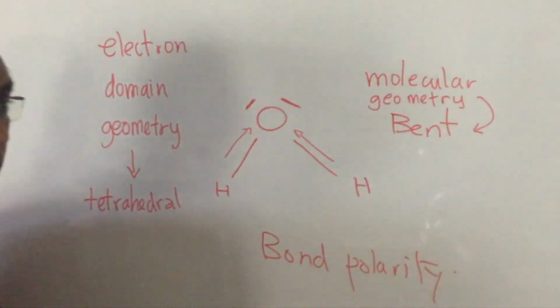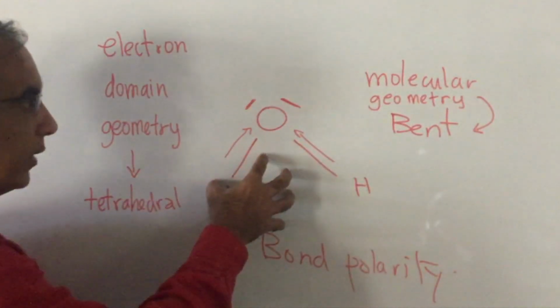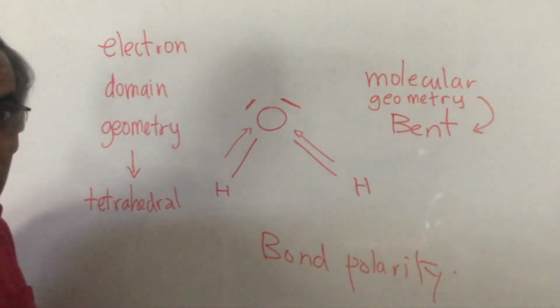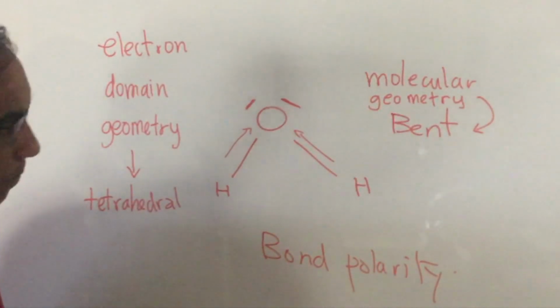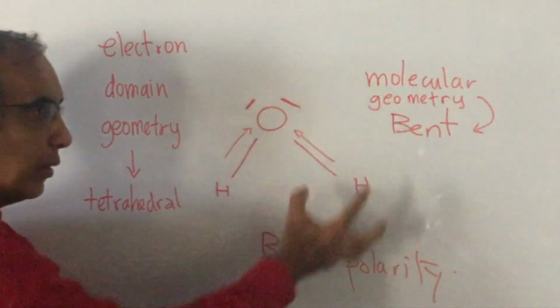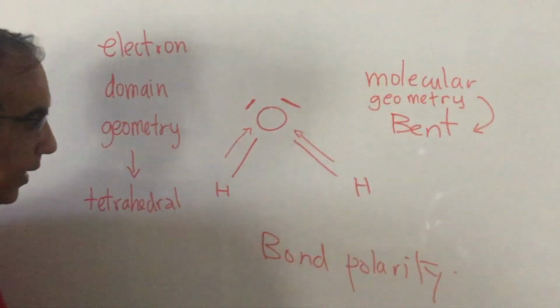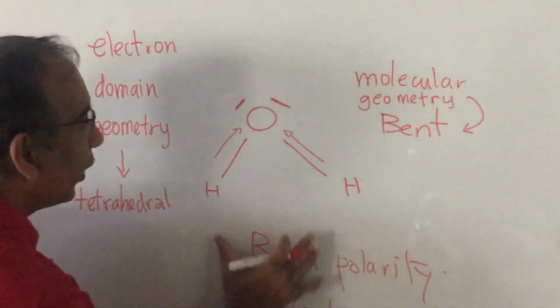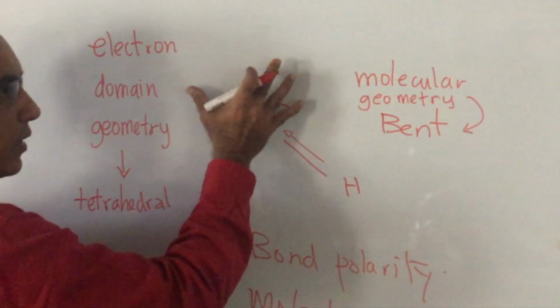And of course, this bond polarity allows one water molecule to closely attach to another water molecule in what we call hydrogen bonding. But in addition to bond polarity, the entire molecule becomes polarized. And there's molecular polarity in here as well, because there's a pull of electrons towards this direction entirely.